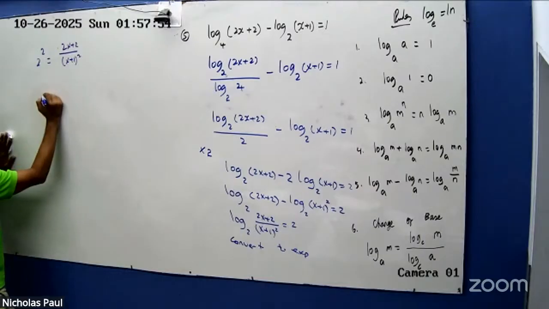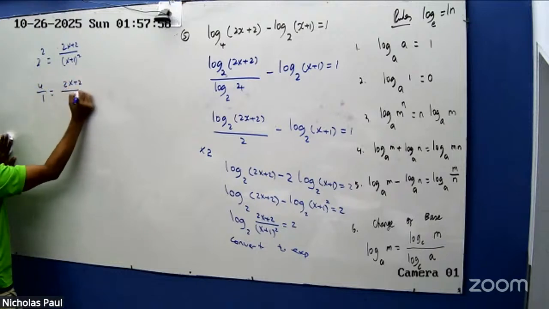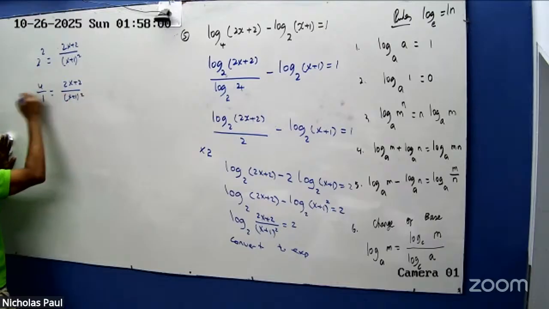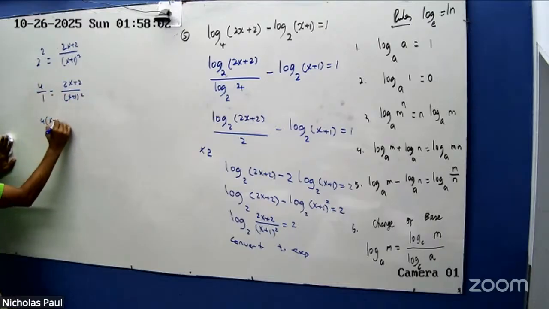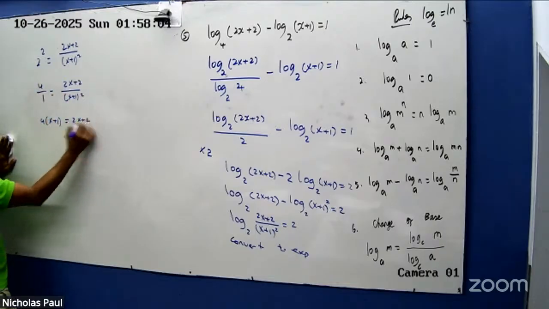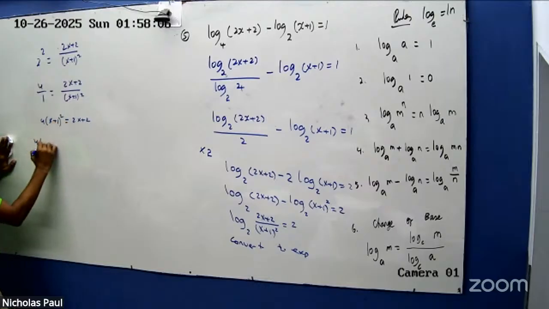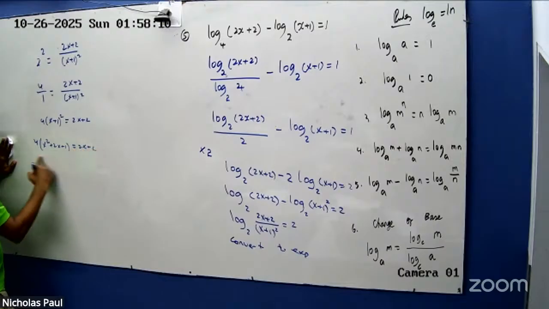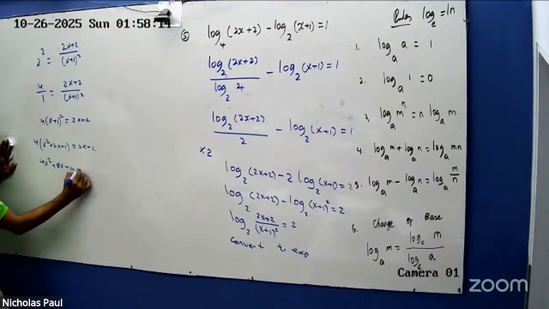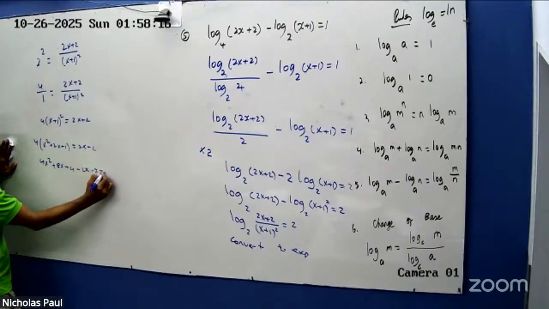Right? So this is 4 over 1, and 2x plus 2 over x plus 1 squared, cross multiply. Kind of long, right? Expand this out, you'll get 4 by x squared plus 2x plus 1, which is 4x squared plus 8x plus 4, and I'm bringing across everything one time.